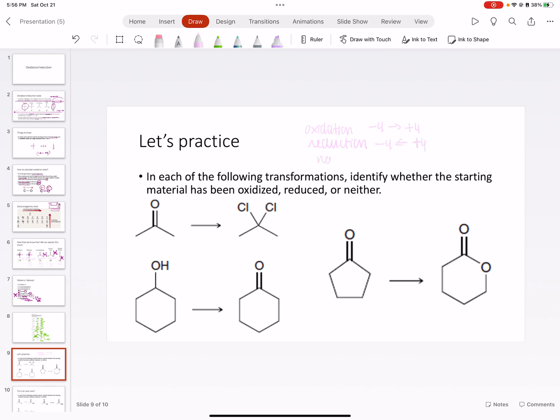And neither is like going from +3 to +3, so there's no change overall. In each of the following transformations, identify whether the starting material has been oxidized, reduced, or neither.